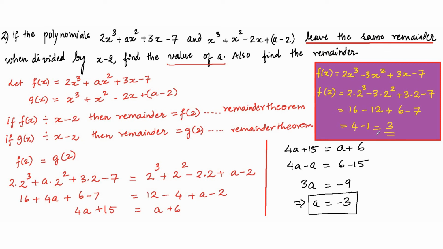So in both cases, whether you use f of x or g of x, the value of the remainder will be 3. So this is how we solve this particular question.